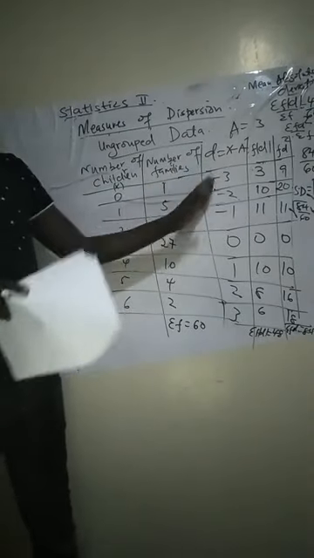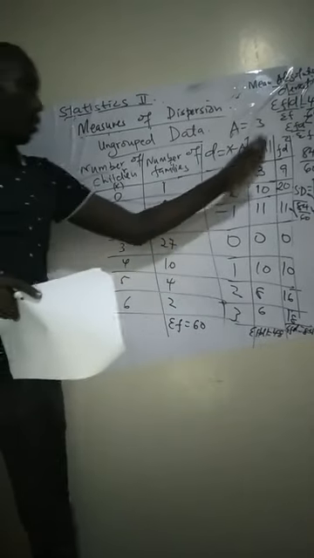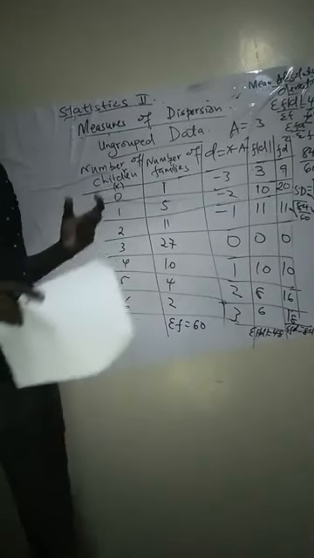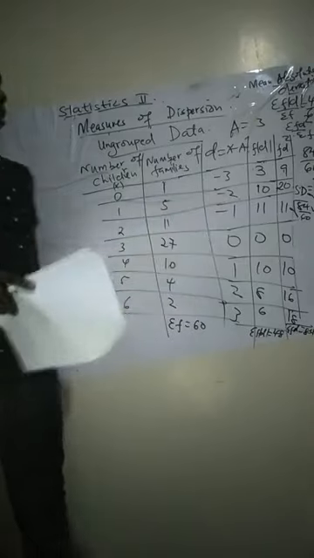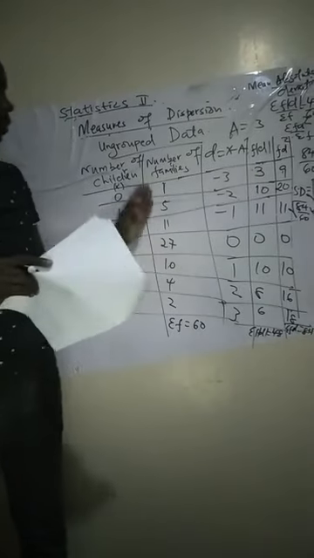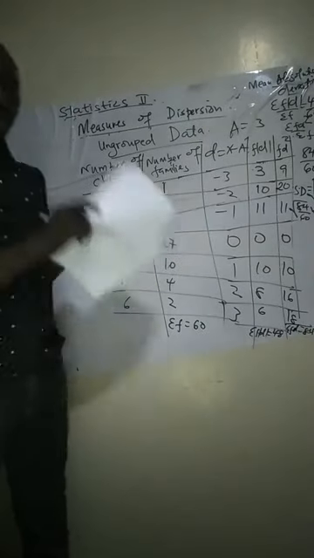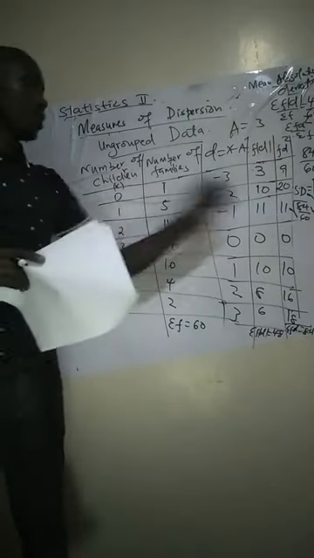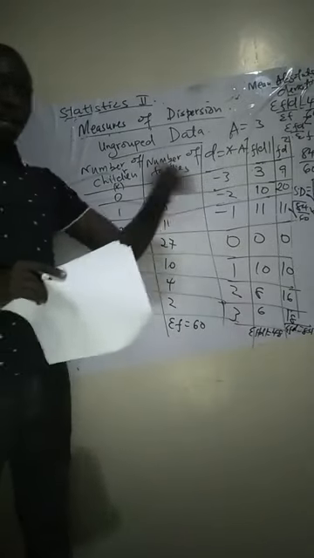We have d as negative 3. So in getting the mean absolute deviation, instead of working with the negative 3, we take the absolute value 3. So we have positive 3 multiplied by 3. Negative 2, you take the positive 2 multiplied by 5, you get positive 10. So in this case, we are ignoring the negative sign.